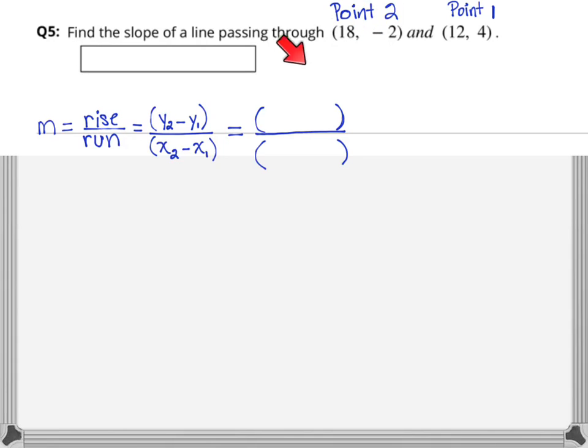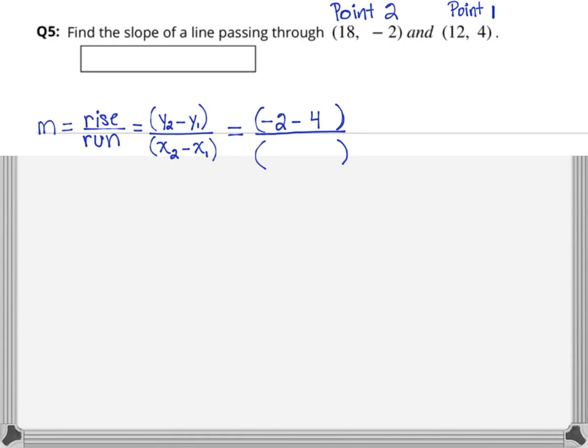So I'm going to take -2 and write -2 right here, because that's the value of y for point 2, y2. So I write -2 minus, because that's what it tells me right here, minus the value of y for point 1. Well, the value of y for point 1 is 4. So it's going to be -2 minus 4.